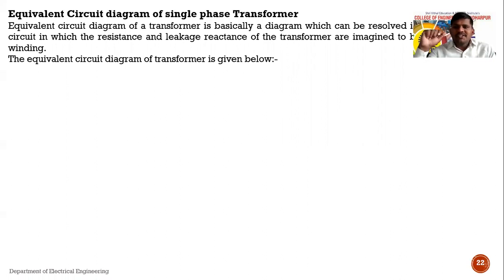These losses are due to the windings: suppose the primary winding has some resistance and the secondary winding has some resistance. When current flows through the primary winding, some copper loss occurs. When current flows through the secondary winding, some copper loss occurs. So the practical transformer has some losses, and it also has some voltage drop. I will draw the diagram, and according to this you will understand well.